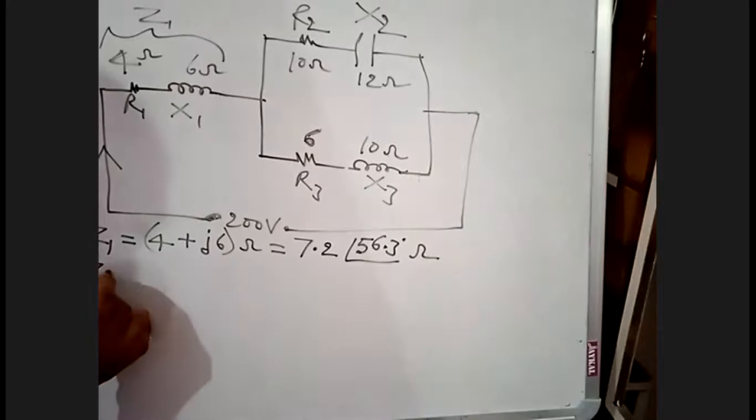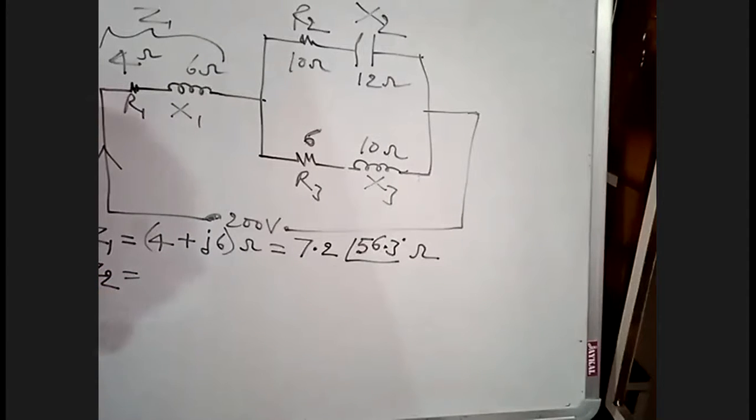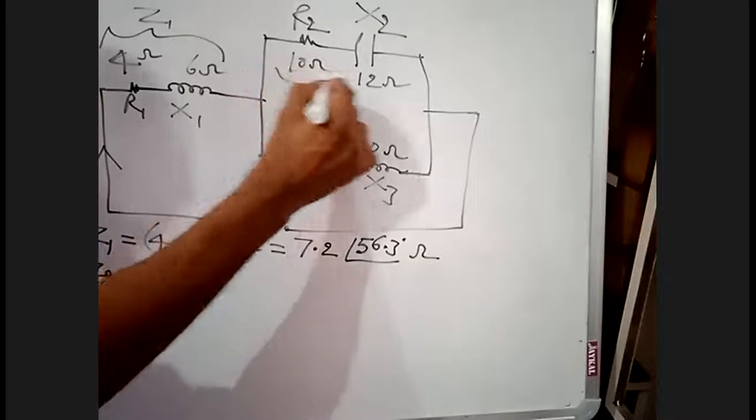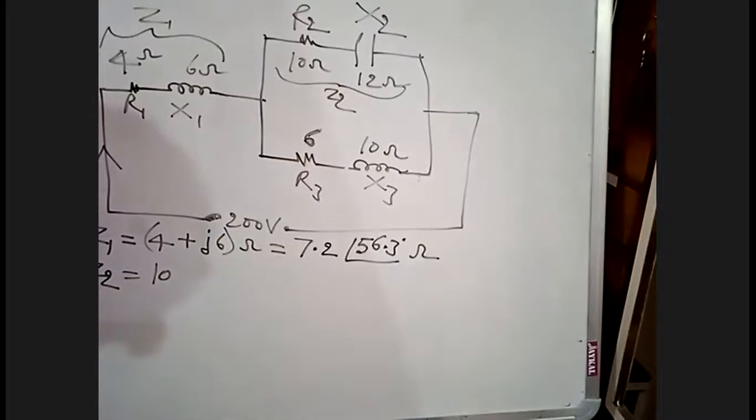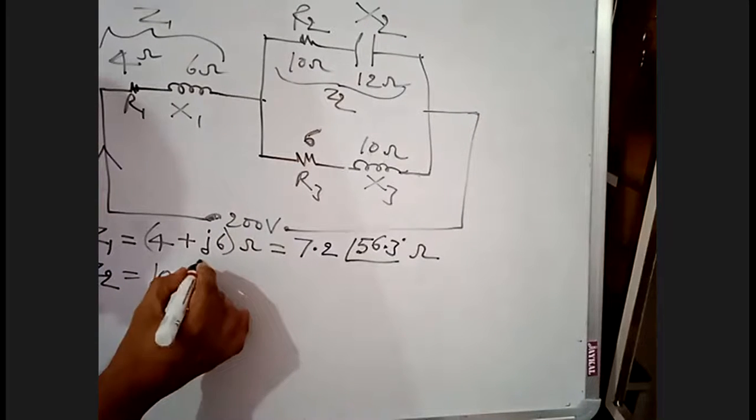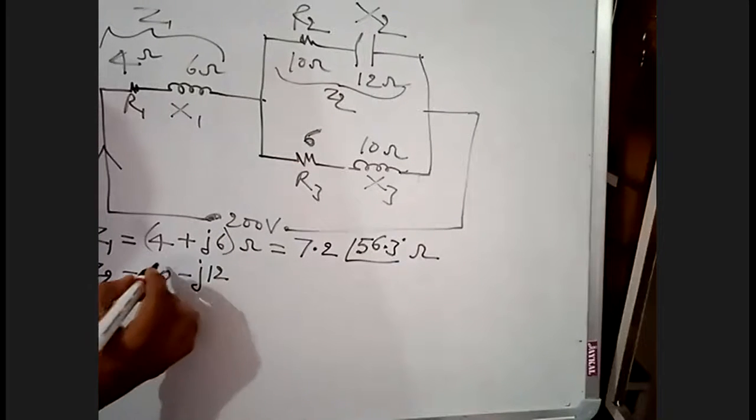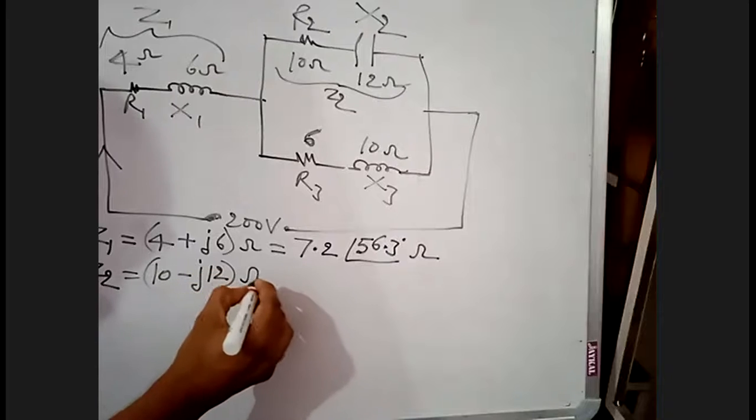Now come to Z2. What is Z2? 10 minus J12. For capacitance, we will take minus.